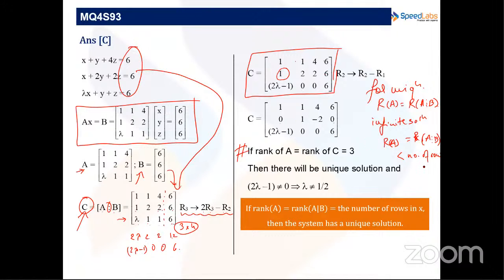Here the number of rows is 3. Okay. And for no solution or inconsistent, rank of A should be less than rank of AB. So these are the three conditions. Okay.